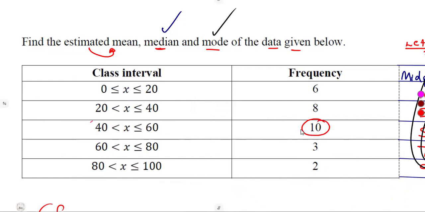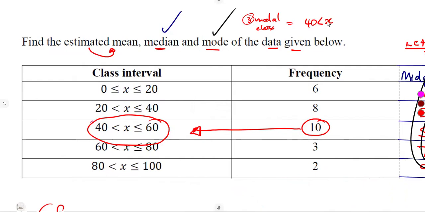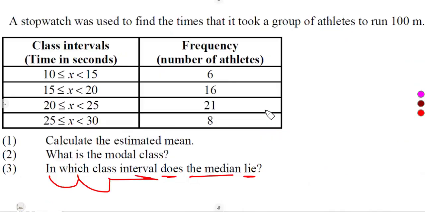So meaning the class that has that 10 is the modal class. So the modal class, which is the modal interval, will be X is greater than 40, but less than or equal to 60. You now answer that way. So you have to find the class interval which has got the highest frequency.